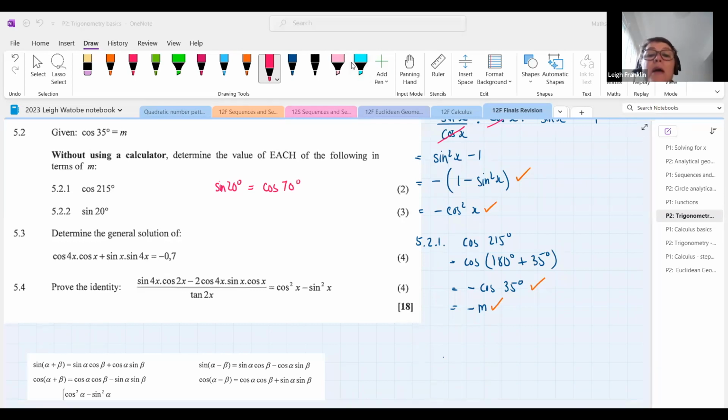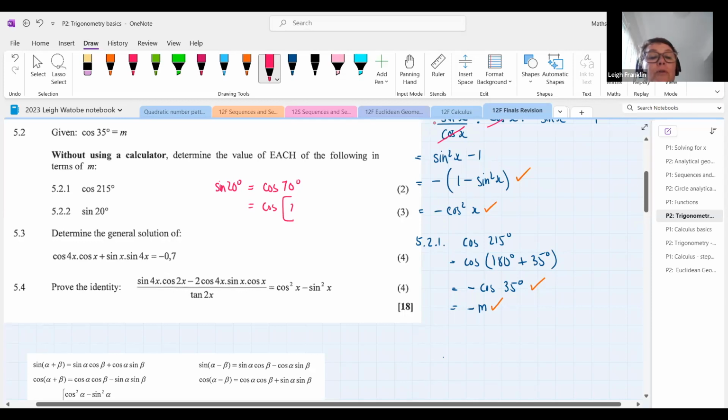Okay, good, well done. It's the same as the cos of 70. And 70 is double 35. Good, well done. So that is the cos of 2 times 35. And then you could expand that.